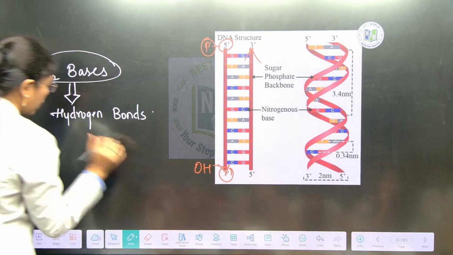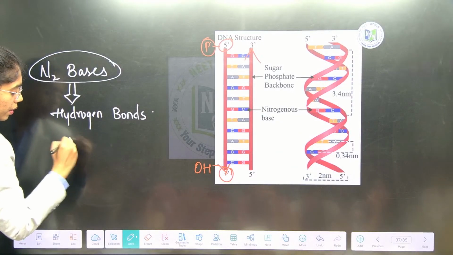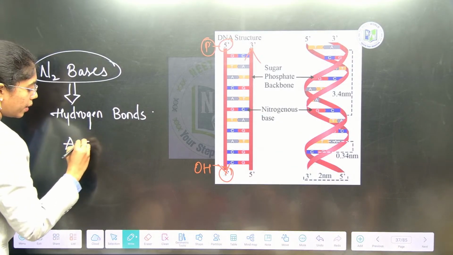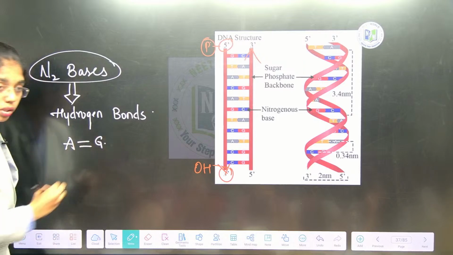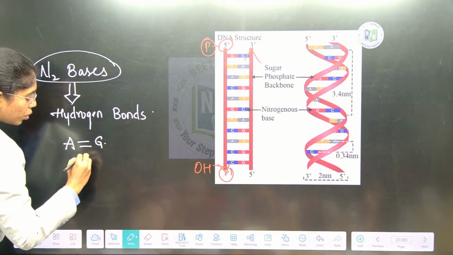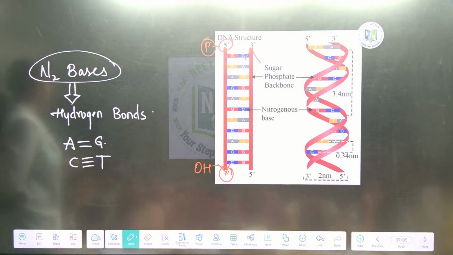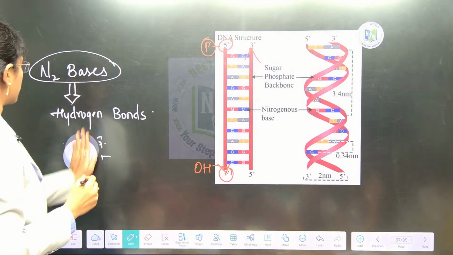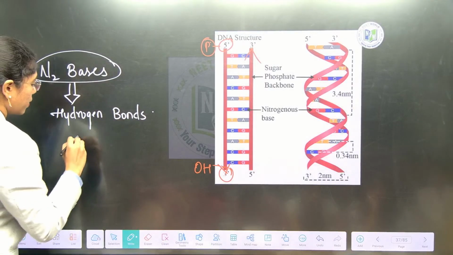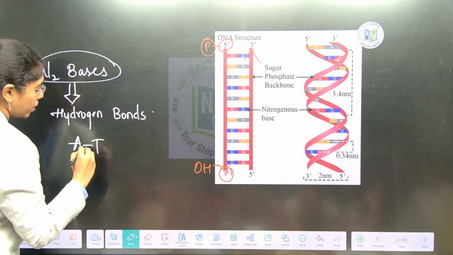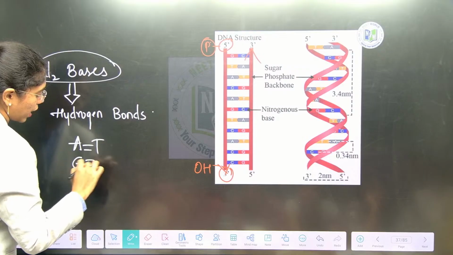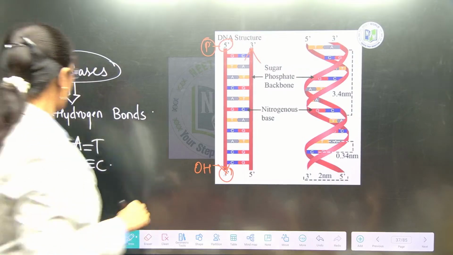Adenine is connected to guanine by 2 hydrogen bonds, cytosine to thymine via 3 hydrogen bonds. Sorry. Adenine to thymine, guanine to cytosine. Now it is right, no?